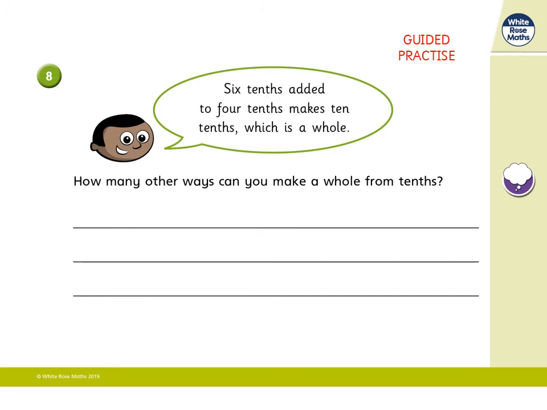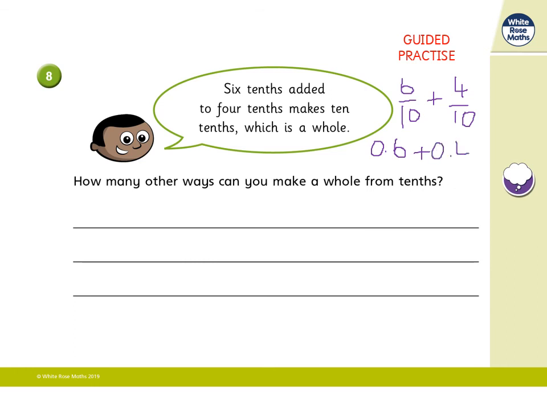So let's have a look first of all what Alex has said. He is telling me that 6 tenths, which is equivalent to 0.6, so 0 ones and 6 tenths plus 4 tenths. This is as a fraction, but then adding it as a decimal, 0.4.